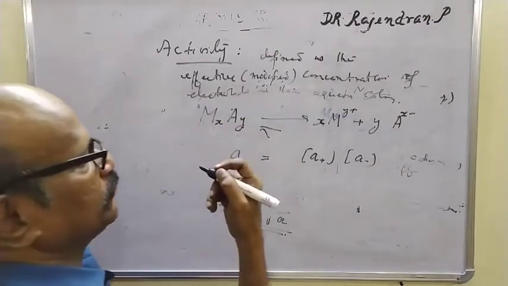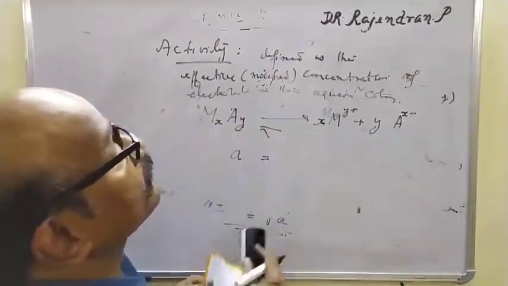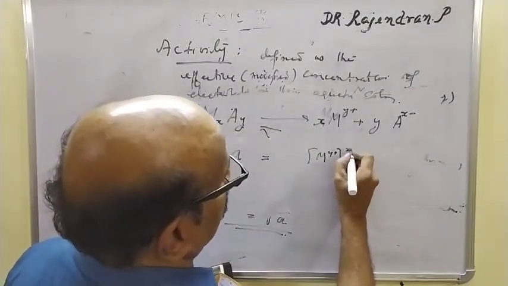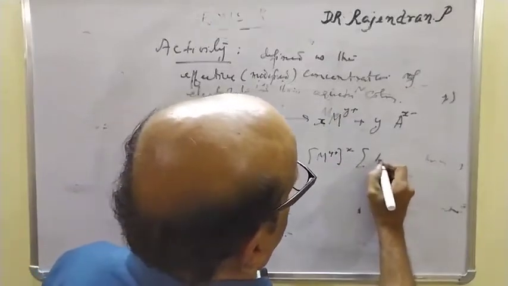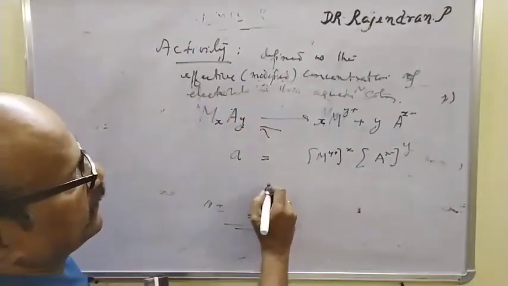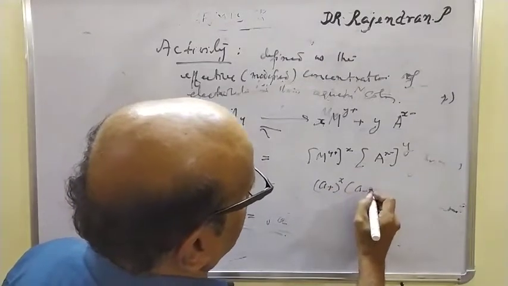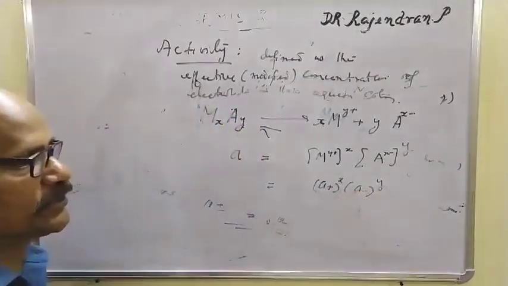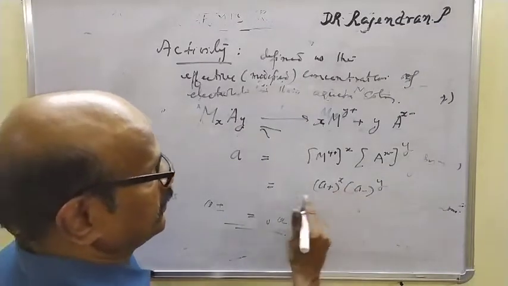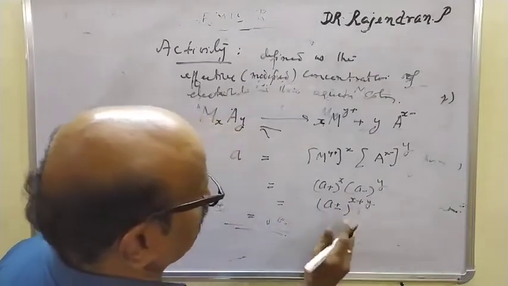What is the concentration here? We have to remember the concentration is m y plus the whole raised to x, into a x minus the whole raised to y. That is equal to a plus raised to x into a minus raised to y. So the activity of the electrolyte is a plus raised to x into a minus raised to y, that is equal to a plus or minus raised to x plus y.